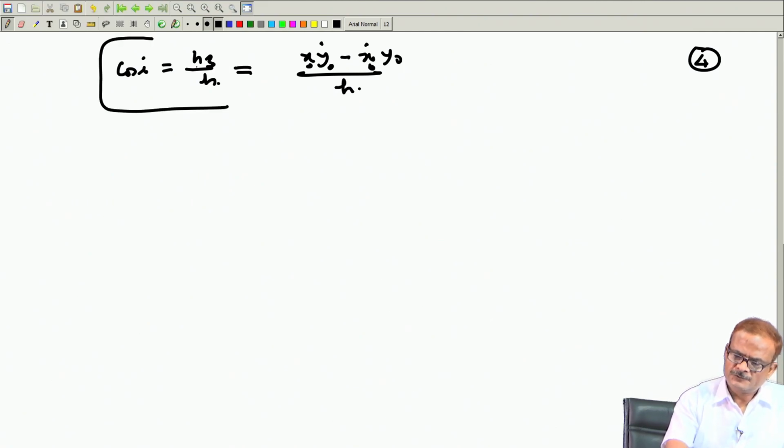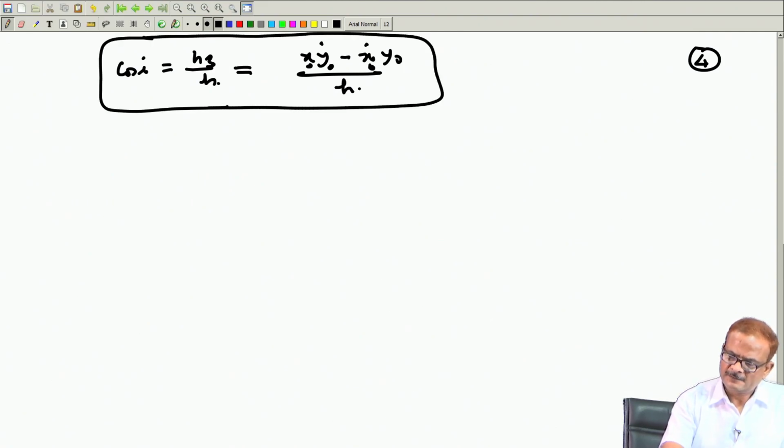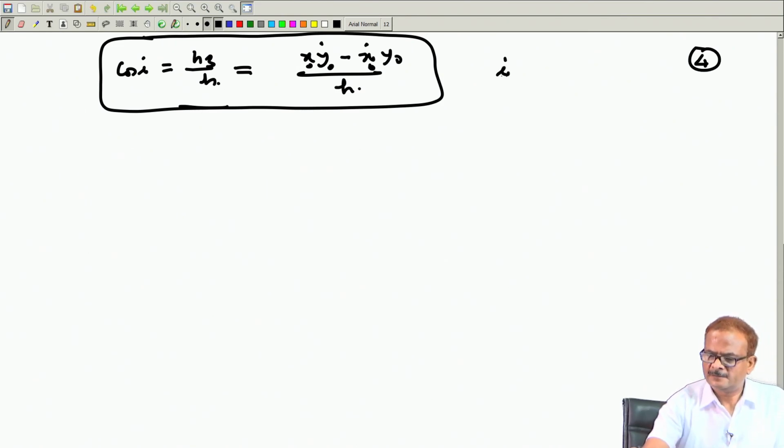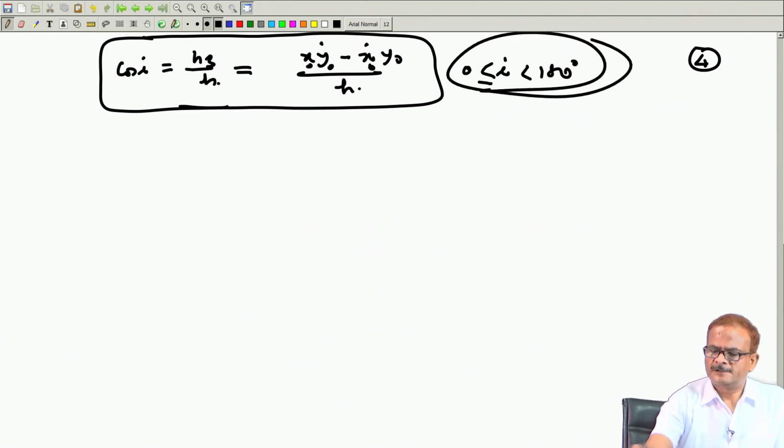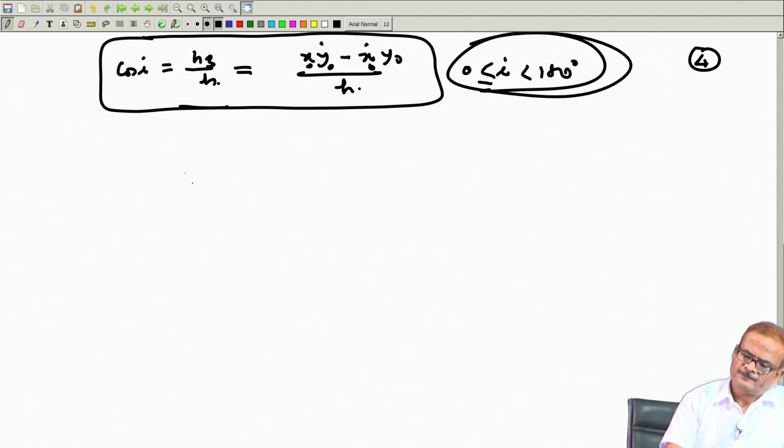Already I have told you there is no ambiguity in getting I, because I varies between 0 and 180 degree. So, exactly you are going to get the right value of I using this expression. So, there is no problem in this.